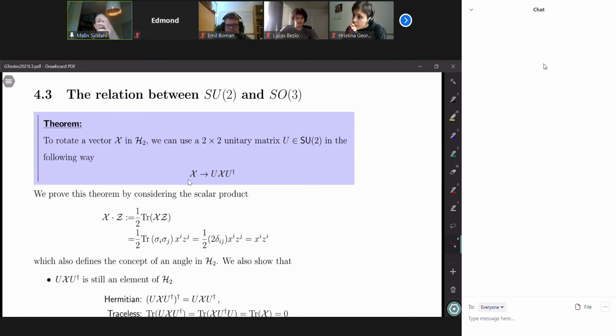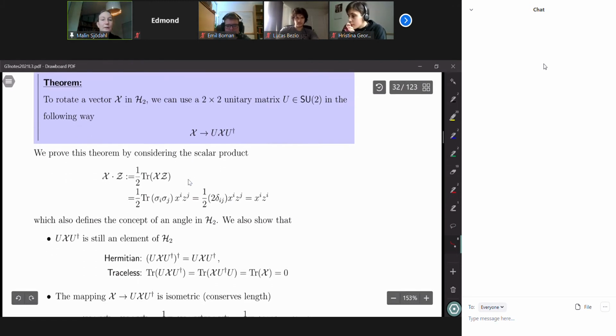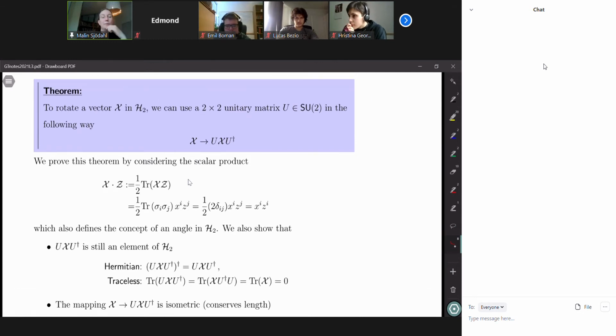We will see that this makes sense by considering the scalar product. So normally if we rotate vectors in 3-dimensional space, their scalar product is invariant, and we will want then the same property here. So let's see what we get. So we have then x dot z for some vectors in H2.